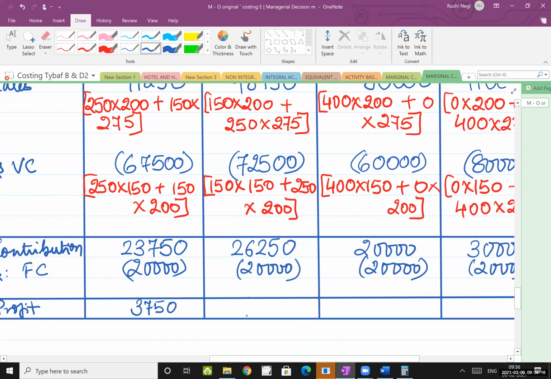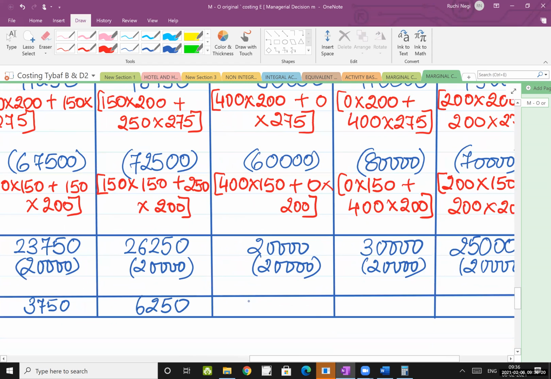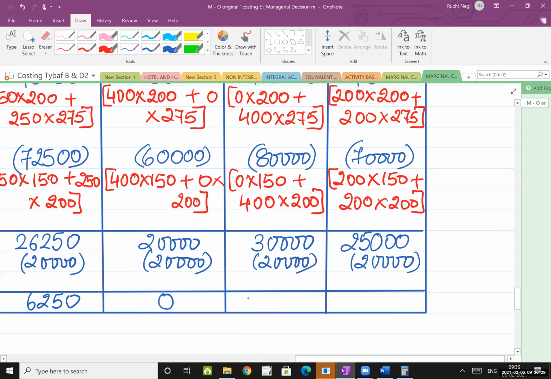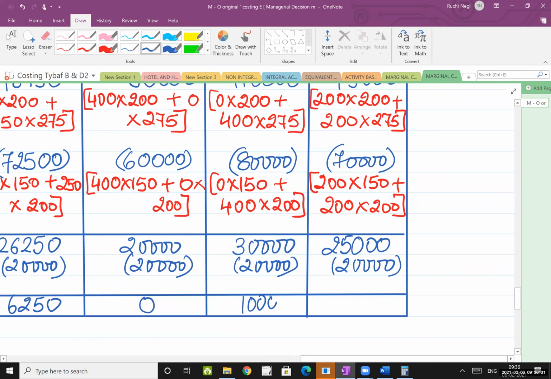Next is 6,250. Next is 0. So at this alternative, it is break even. Break even at this sales mix. No profit, no loss. Either it is 10,000 and here it is 5,000. Only 5,000.